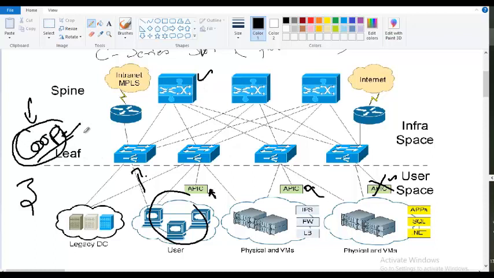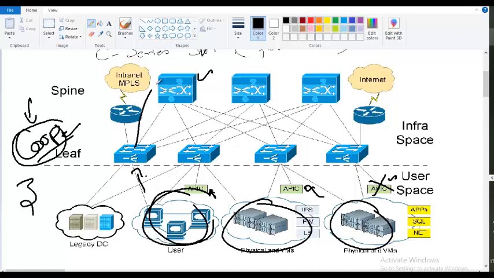COOP, Council of Oracle Protocol, its job is to take the information about the endpoints and give it to ISIS, and it is ISIS which carries it to other leaves. So about the endpoint, it is COOP.